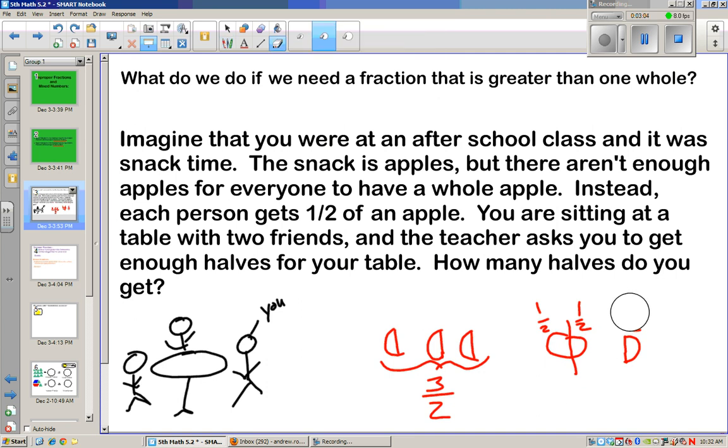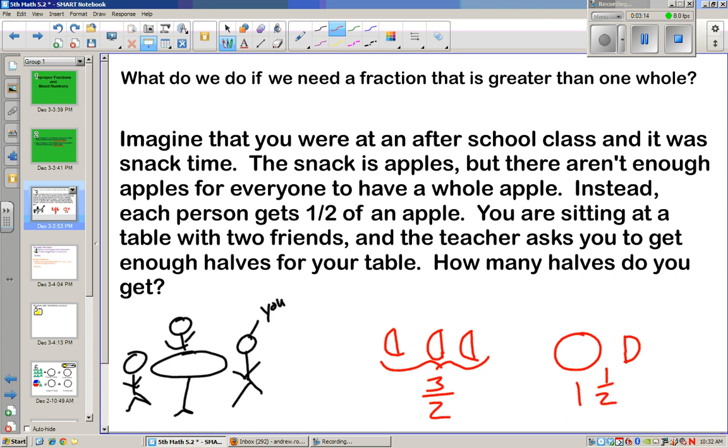But if we leave it as a whole apple, we've got one whole apple, and right here we've got one half apple. Same amount of apple. These two are equal. Just two different ways of writing it. One, we write the whole. One, we're just writing the pieces.